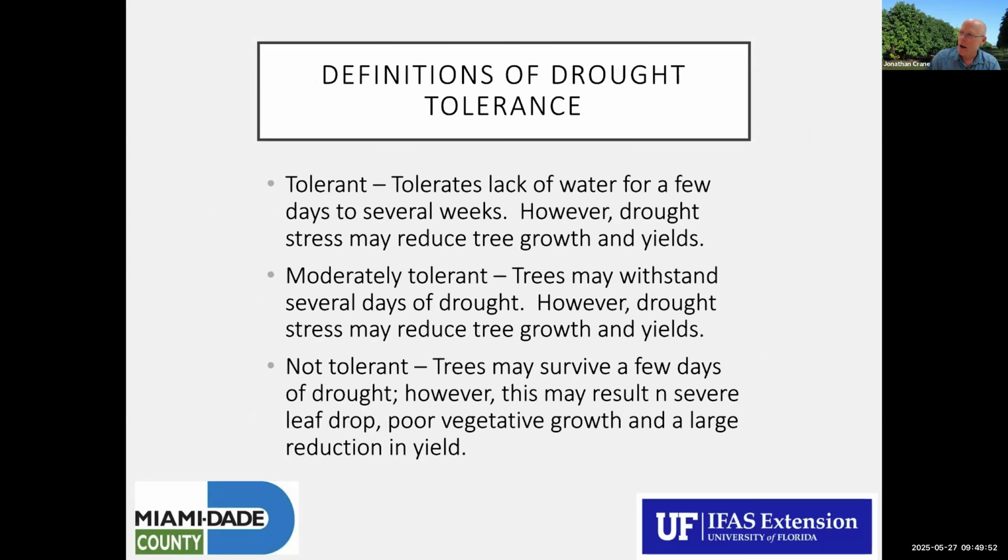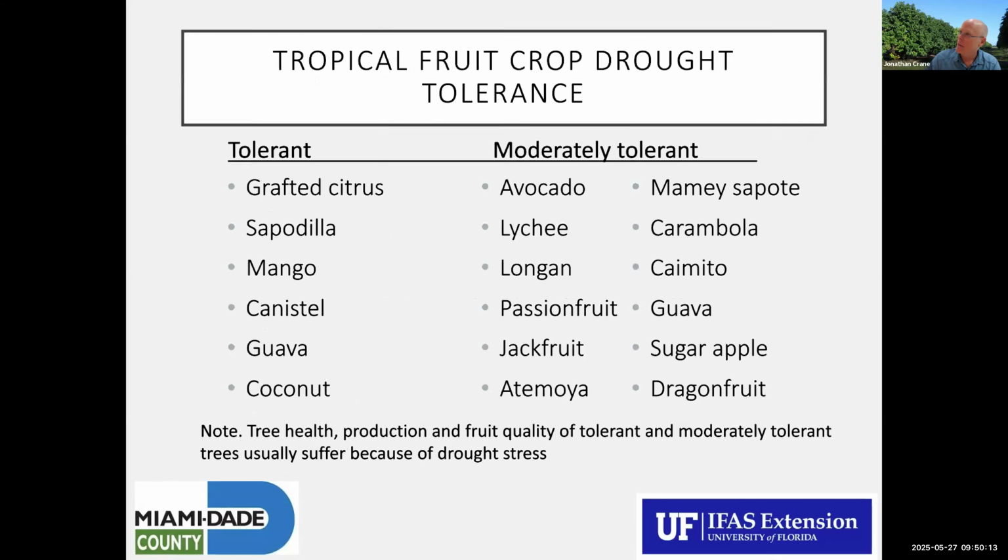Again, there are tolerant, moderately tolerant, and not tolerant trees. Even with the tolerant trees, drought stress can reduce growth and yields. Same thing with the moderately tolerant. And of course, those that aren't tolerant definitely show a much quicker negative response to drought stress.